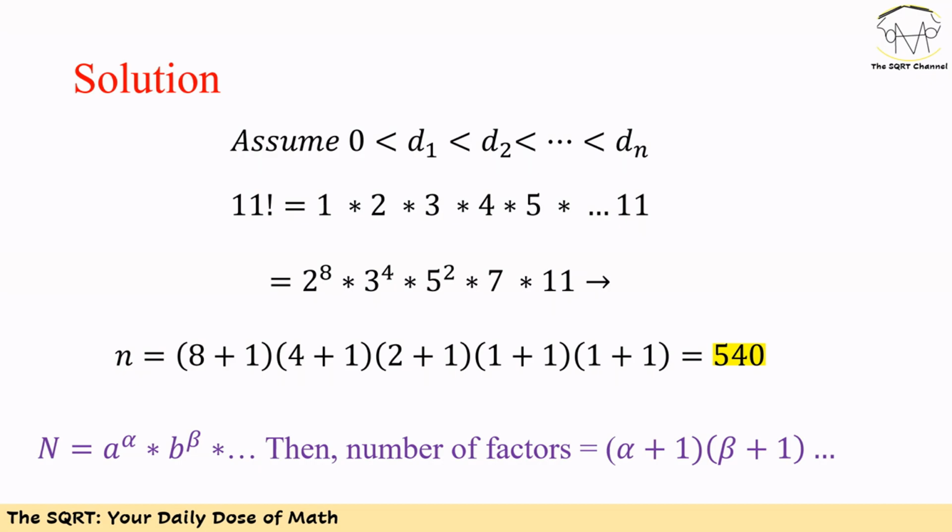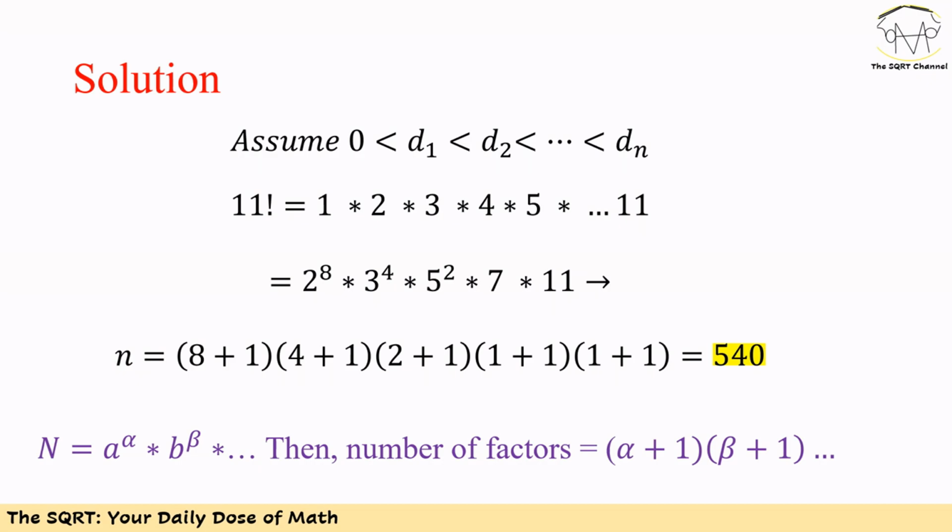Now, if we have an integer n and we write it as the product of prime numbers, a to the power of alpha times b to the power of beta, and so forth, then the total number of factors for n is equal to alpha plus 1 times beta plus 1, and so on.